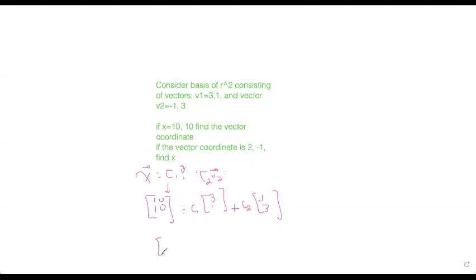We would have x is 2 b1 plus -1 b2, and then we plug in what we know b1 and b2 are, and that's how we would find x. So that's really simple. The book just kind of wanted to go over the basics, right?